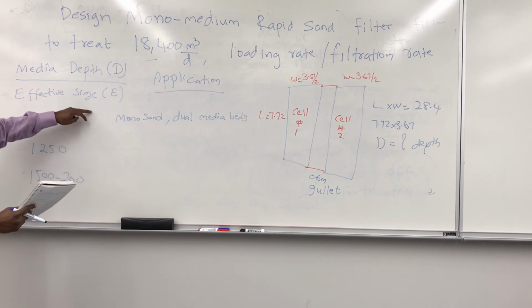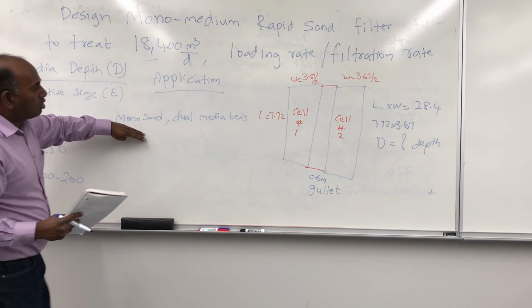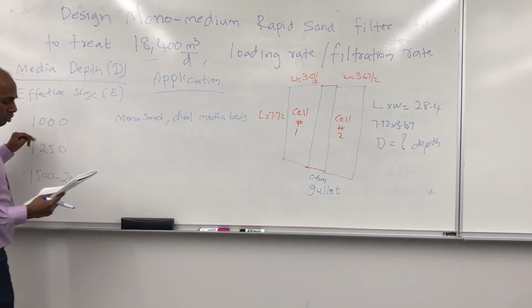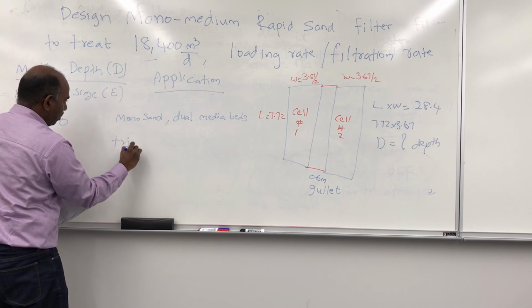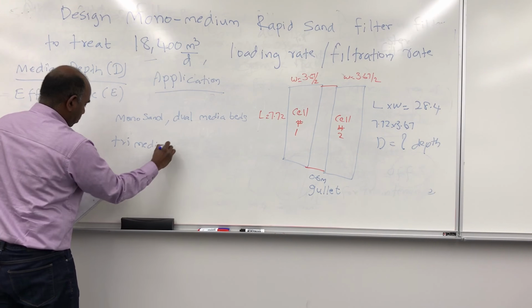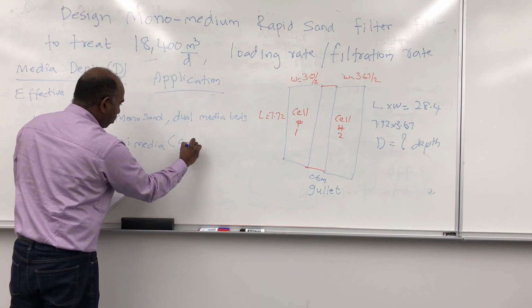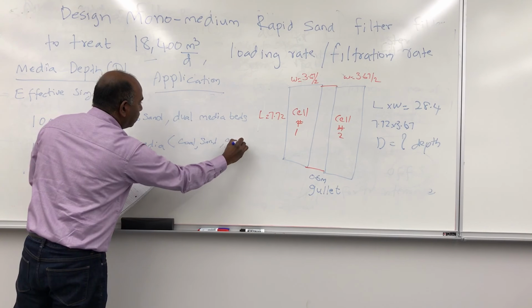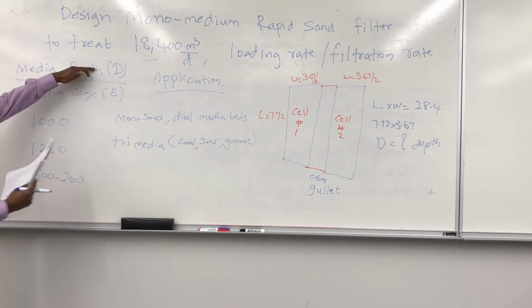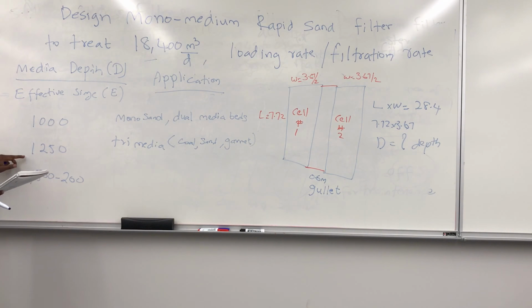So the depth to effective size ratio in mono sand or dual media beds is about 1000. Now in tri-media, generally coal, sand, garnet, the depth to effective size ratio is 1250.